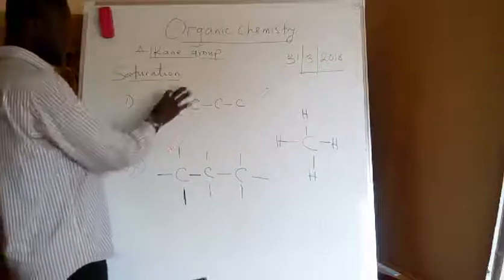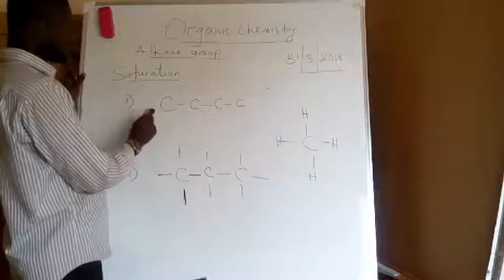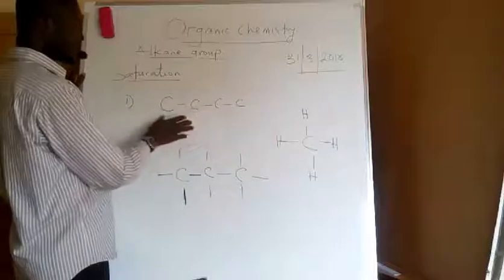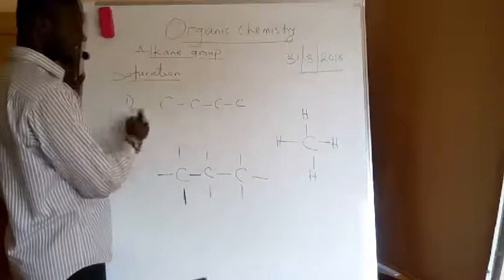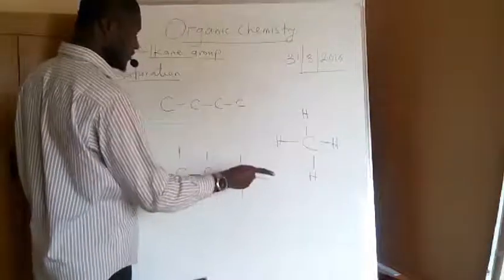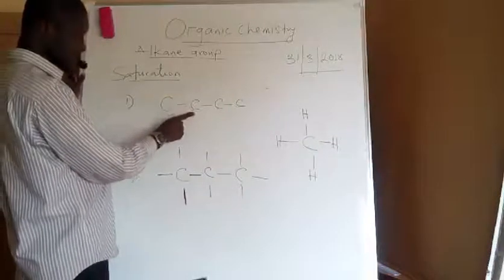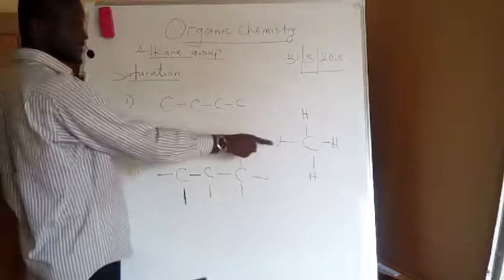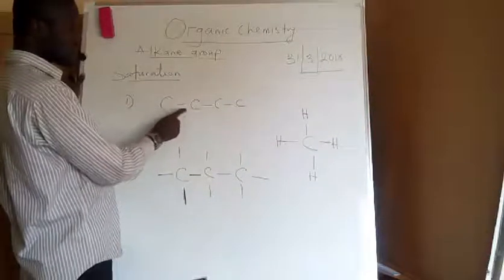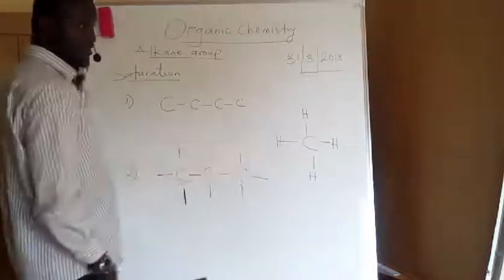Let's see if the first definition explains the saturation of methane. It says a compound is saturated if there is a single bond between one carbon atom and the next carbon atom. But methane has only one carbon, and this definition needs more than one carbon to know whether there is a single bond between them. So we cannot explain the saturation of methane with it.